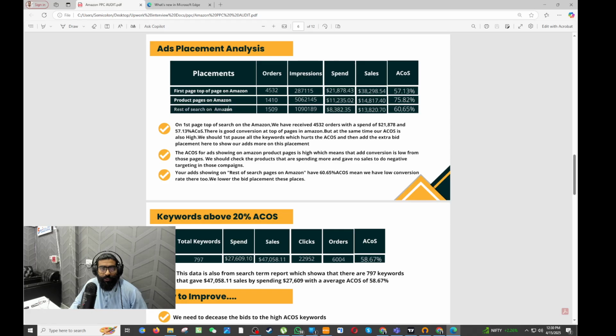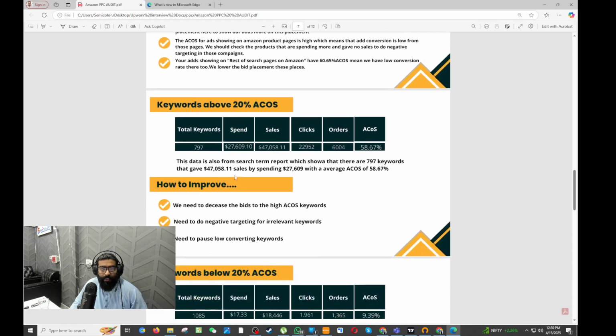And on the rest of search on Amazon, we were getting 60% ACOS. Now keywords above 20% ACOS: we had 797 keywords which were above 20% ACOS, and the spending amount is this, and the ACOS was 58.6%.